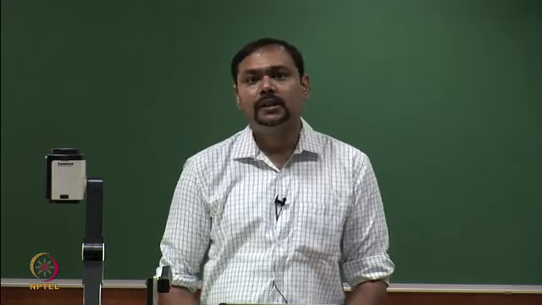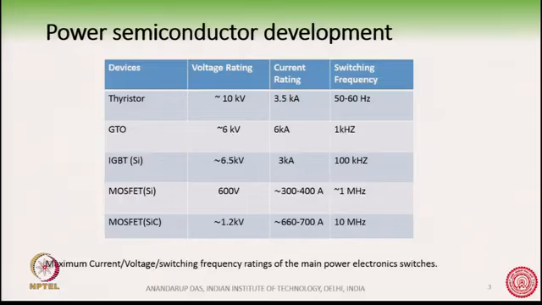As of now, silicon carbide MOSFETs are coming at around 1200 volts and 600 to 700 amperes maximum rating, but the switching frequency can go very high, like tens of megahertz.